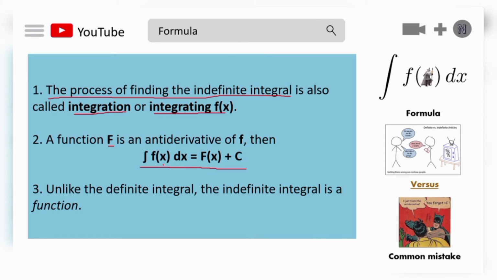From here we change it into this, and then we have a plus c. Unlike the definite integral, the indefinite integral is a function.